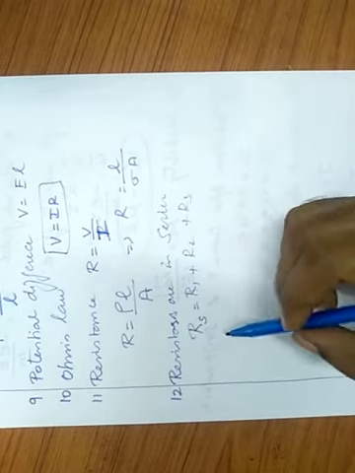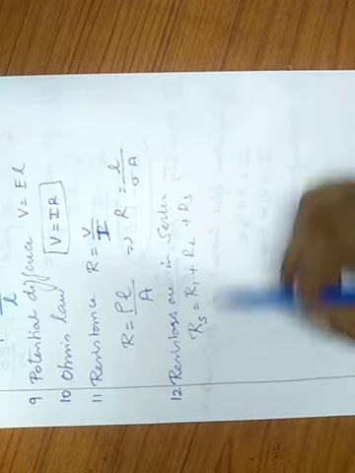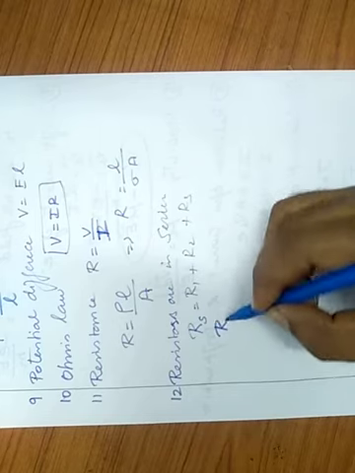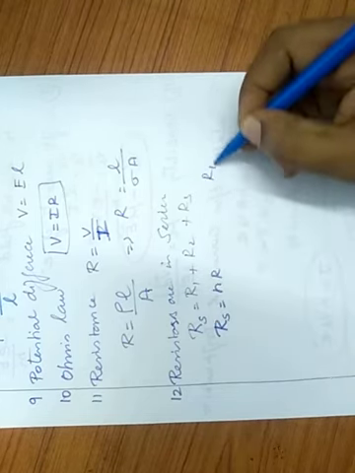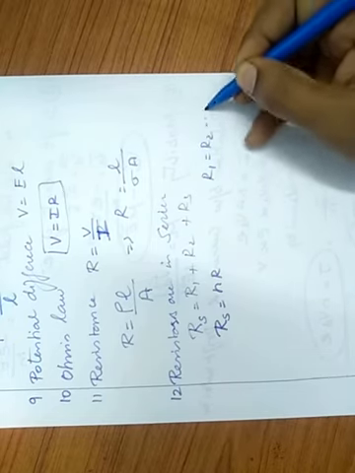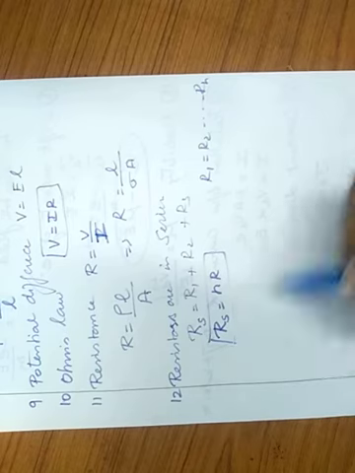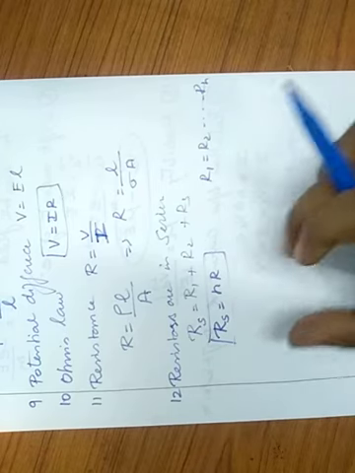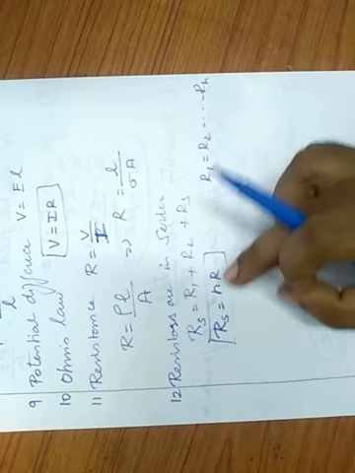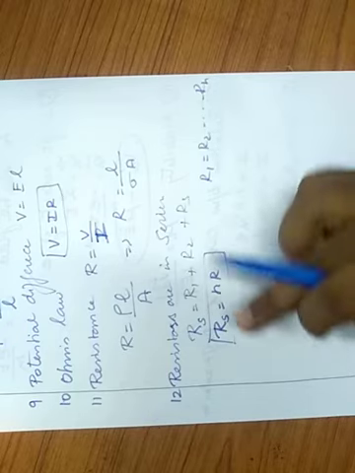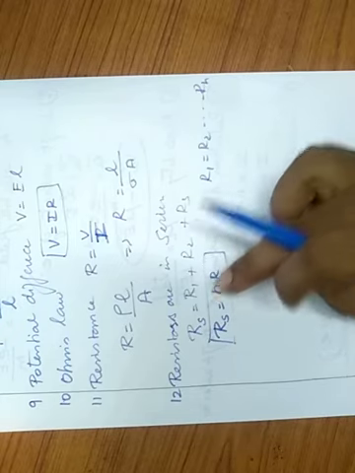If n resistors of the same resistance are in series, we can write the effective resistance Rs is equal to nR, where R1 is equal to R2 is equal to up to Rn. Here in series connection, current flowing through each resistor is constant because there is no accumulation of the charge, and the effective resistance is always greater than the individual resistance.